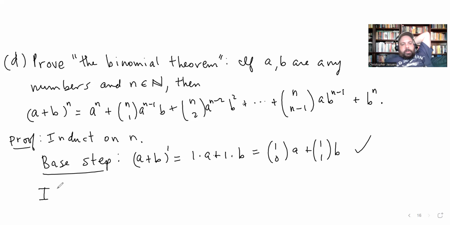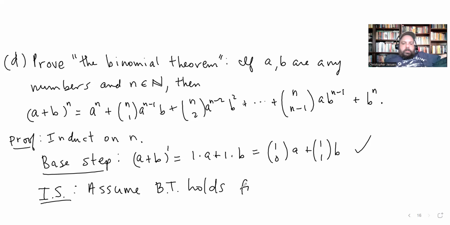Start with the inductive hypothesis. So assume the binomial theorem holds for some natural number n, just so I don't have to write that long string of things out.